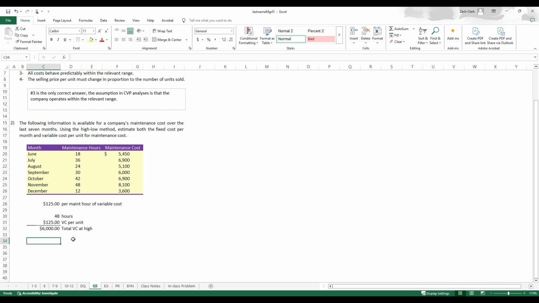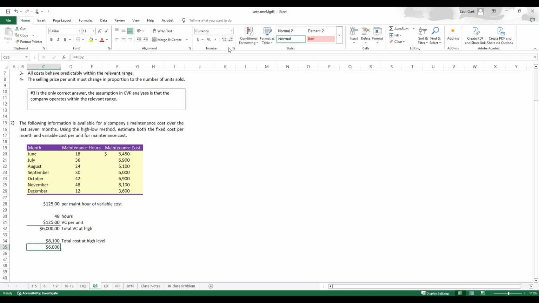And then let's do a little calculation here. So our 8,100 is our total maintenance cost. And so we have total cost at high level. Again, I like to put the dollars on just so we can make sure we're identifying that. Then we've got our total variable cost right here.